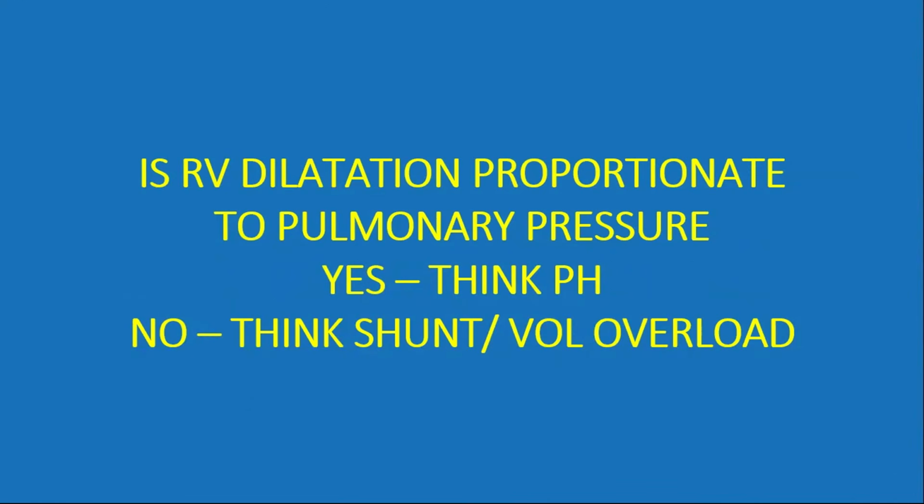And apply this wisdom pearl after this in Dr. Rahul's presentation while he shows cases, and this will make you much better at knowing what the cause is. If there is high pulmonary pressure, think that you are probably dealing with pulmonary hypertension. And if pulmonary pressures are not raised or only mildly raised, think in terms of shunt and volume overload.